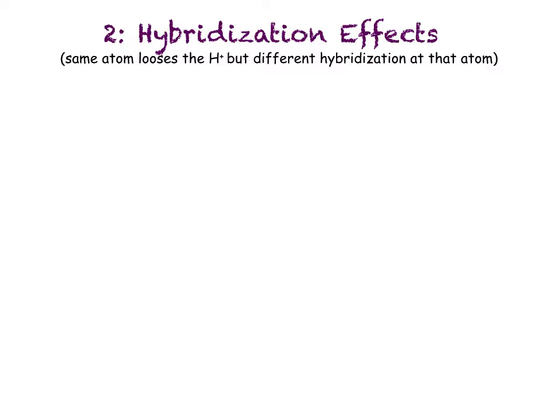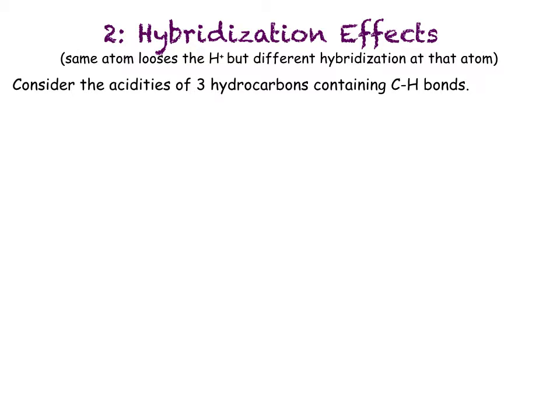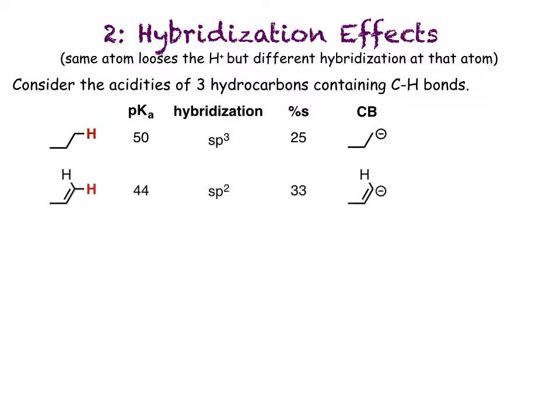Here we're going to lose a proton from the same atom, but that atom may have different hybridizations in different acids. We're going to consider three acids in this case, and these are hydrocarbon acids. So we're going to lose a proton from hydrocarbons. First one is an alkane, pKa is 50. Second one is an alkene, pKa is 44.